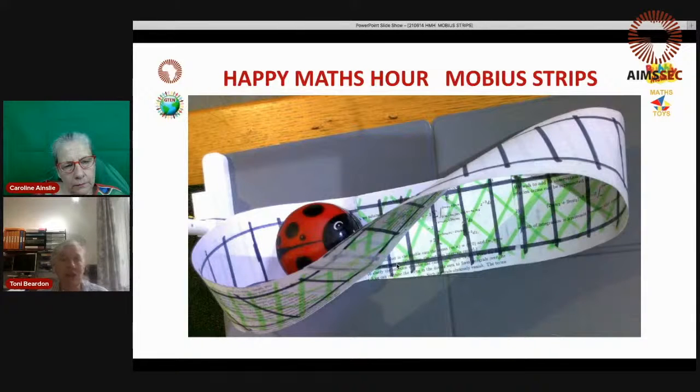It's changed it from something that had two edges and two surfaces to now being something with one edge and one surface.